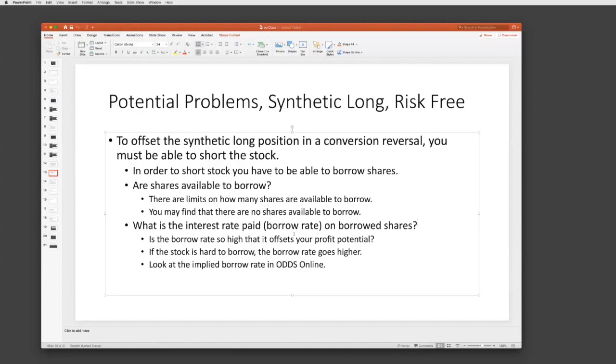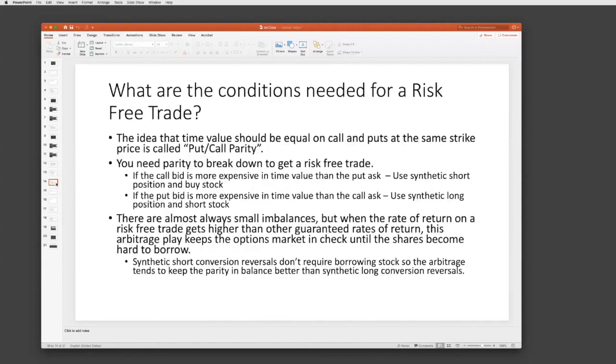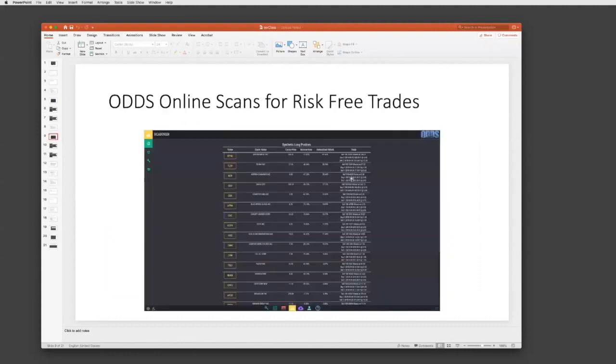So when those shares become very difficult to borrow, that's what allows this arbitrage play to break down. And that's why you're getting these really high rates of return.